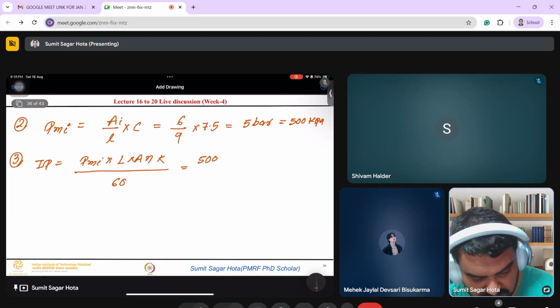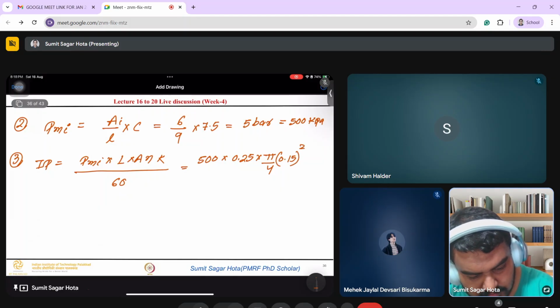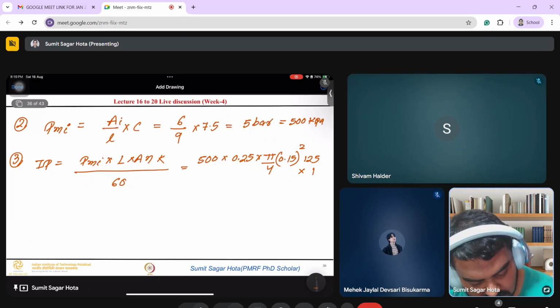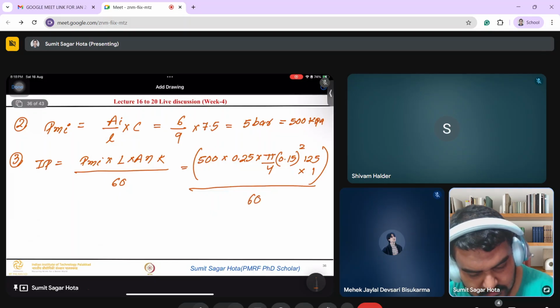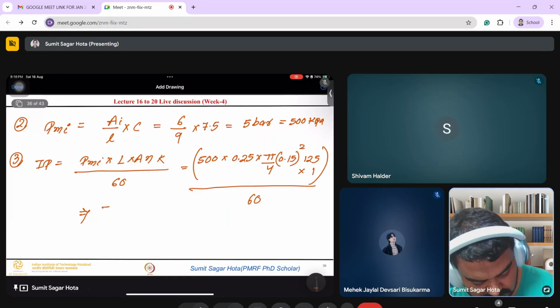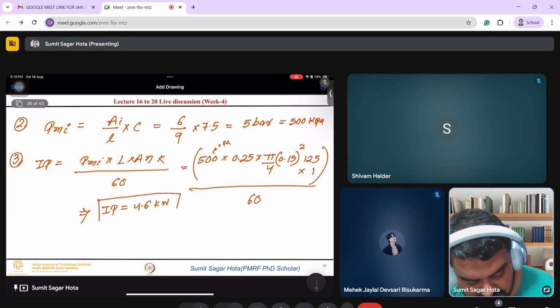We have all the values to substitute. Area is pi by 4 into bore diameter squared, into 125, into 1, a single cylinder engine, divided by 60. If you solve, you will get indicated power as 4.6 kilowatt, because the pressure is already in kilopascal.